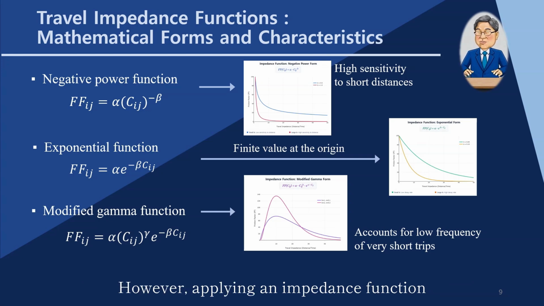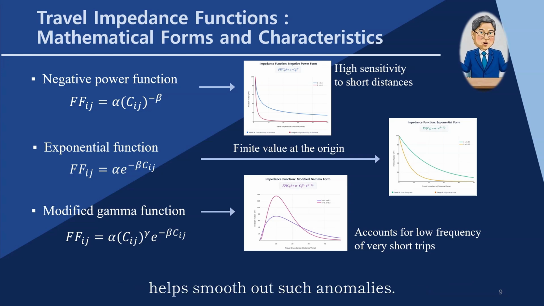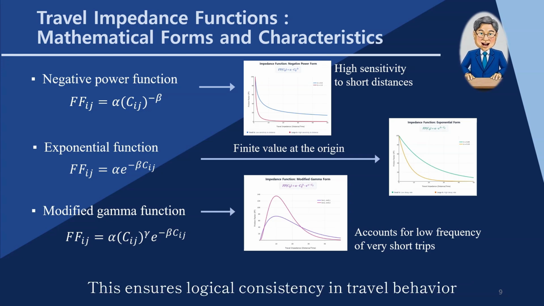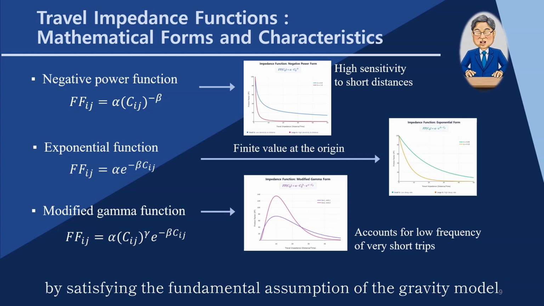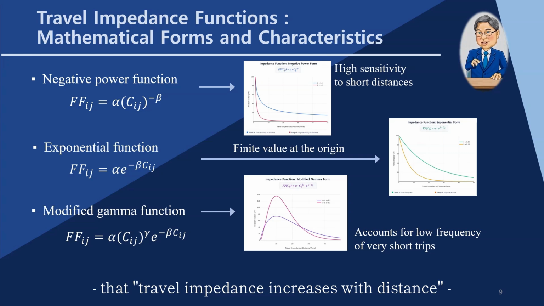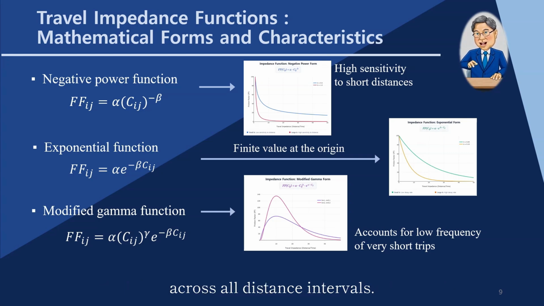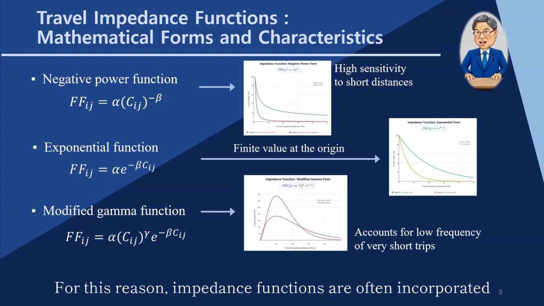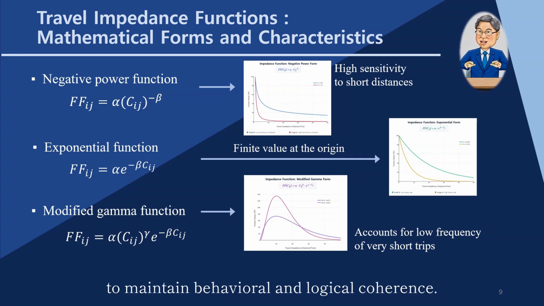However, applying an impedance function helps smooth out such anomalies. This ensures logical consistency in travel behavior by satisfying the fundamental assumption of the gravity model that travel impedance increases with distance across all distance intervals. For this reason, impedance functions are often incorporated into gravity models to maintain behavioral and logical coherence.